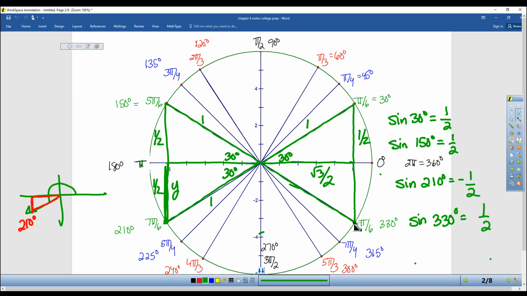It makes like a bow tie, the four that are connected. And I'm going to refer to it as 30 degrees. But because it is not 30 degrees, it's actually 330 degrees, it's over here, which means it's negative, because this is a negative 1/2 as I'm going down. So let's put those concepts together now in your notes. But I wanted you to see it on the unit circle.